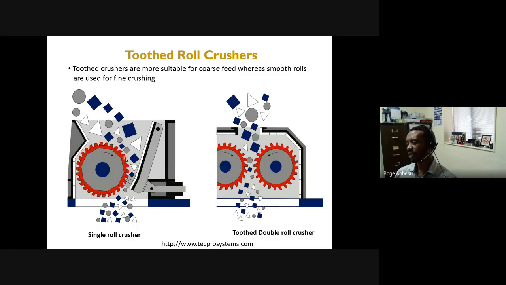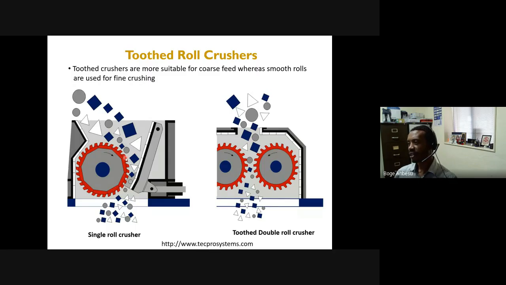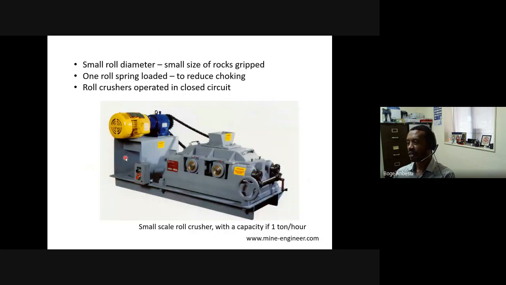If the rolls are modified like this, they're more suited for coarse particle crushing, while the smooth ones are more suited for fine particle crushing. But the principle, everything else, is the same as the secondary roll crushers.